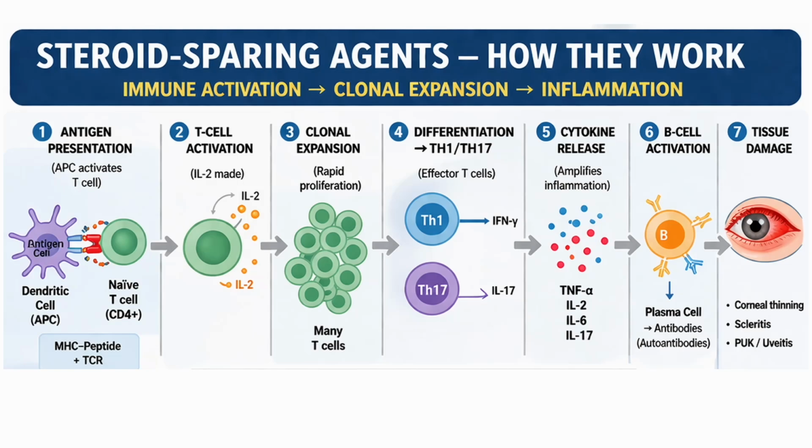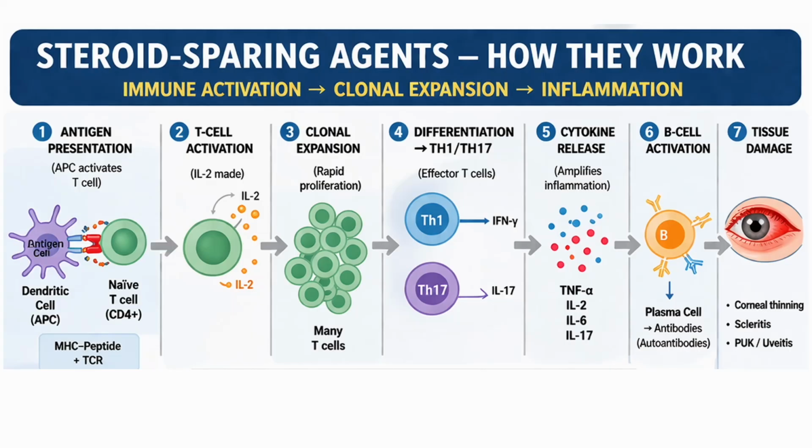Then all these T cells differentiate into multiple effector cells, namely Th1 and Th17, that will start producing interferon gamma and IL-17. This will further trigger a cytokine storm producing TNF alpha, IL-2, IL-6. This will cause more inflammation. Lastly, the B cells will get activated and start producing autoantibodies. So all this will lead to PUK, corneal thinning, scleritis.